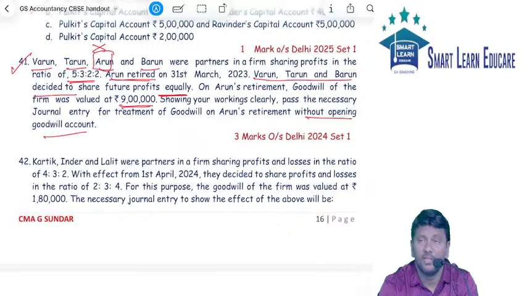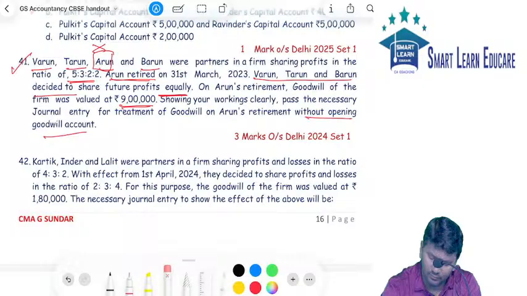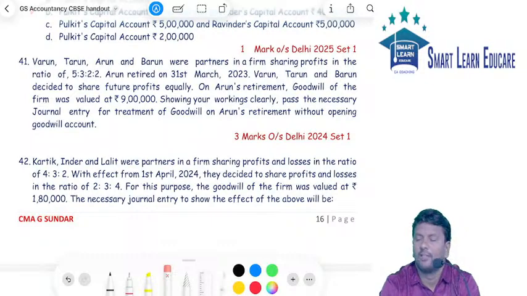So try and tell me the answer. First find the sacrificing ratio or gaining ratio. Journal entry will be gaining partners capital account debit to sacrificing partner.